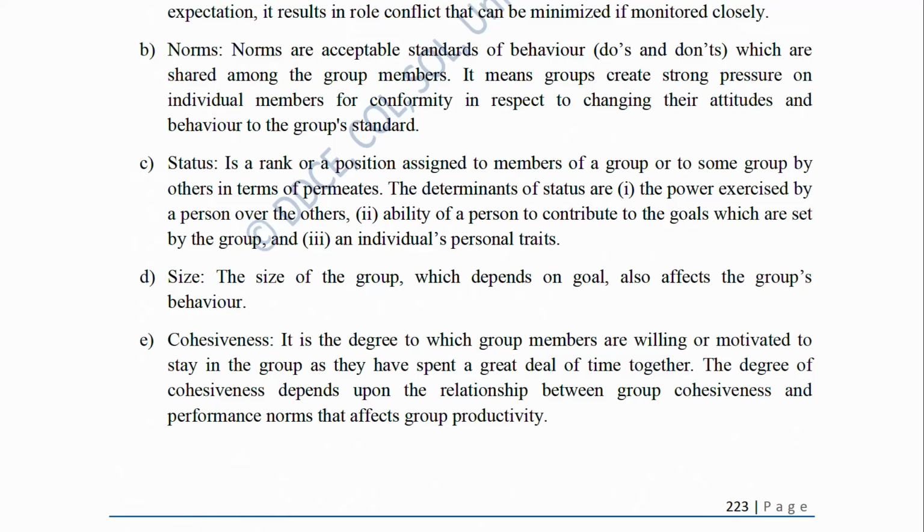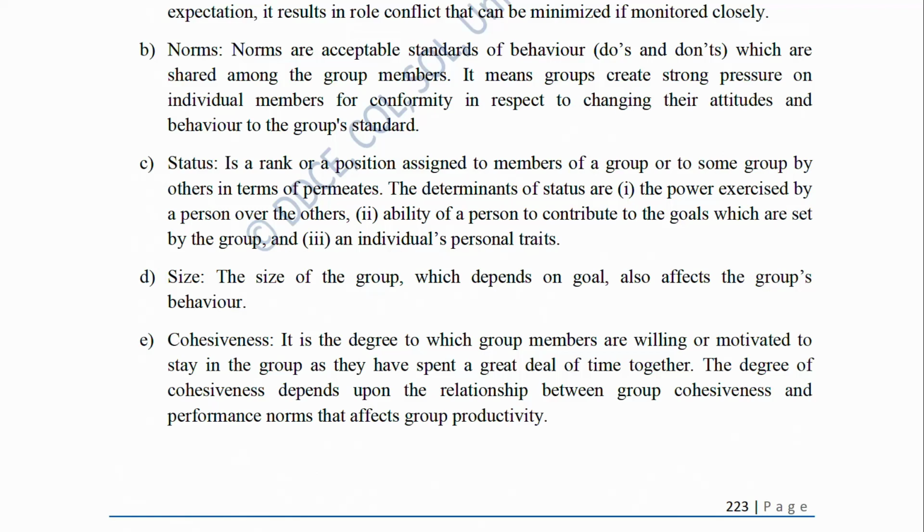Second, norms. Norms are acceptable standards of behavior, do's and don'ts, which are shared among the group members. It means groups create strong pressure on individual members for conformity in respect to changing their attitudes and behavior to the group standard.